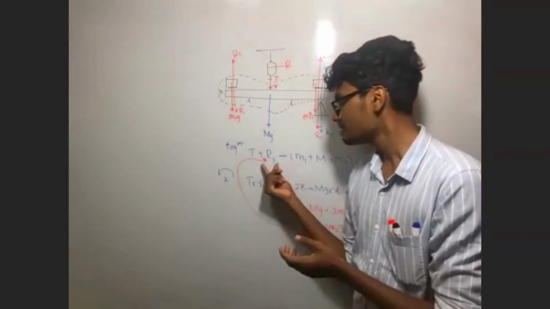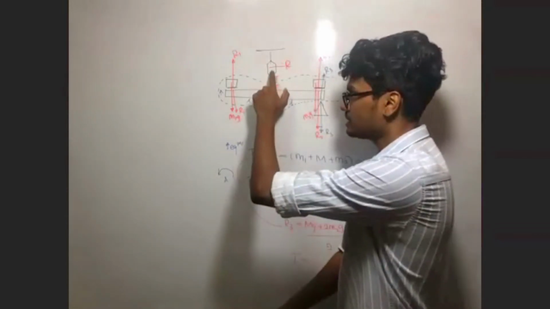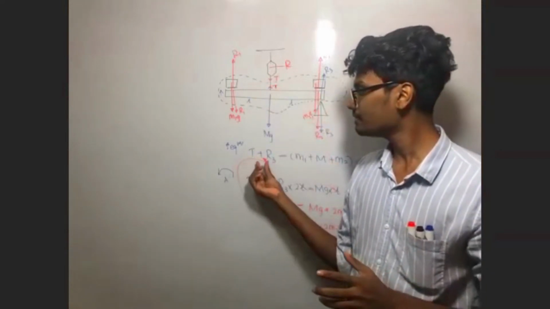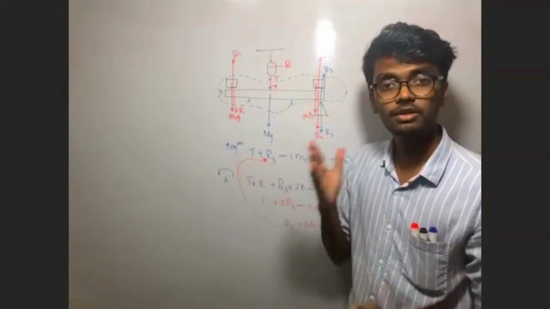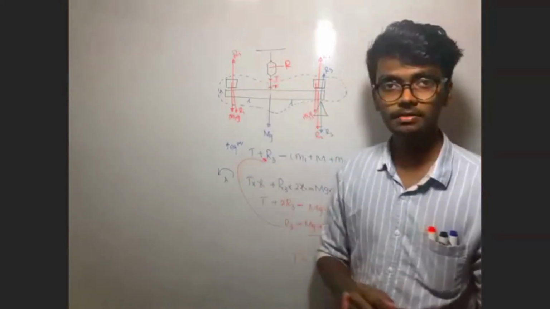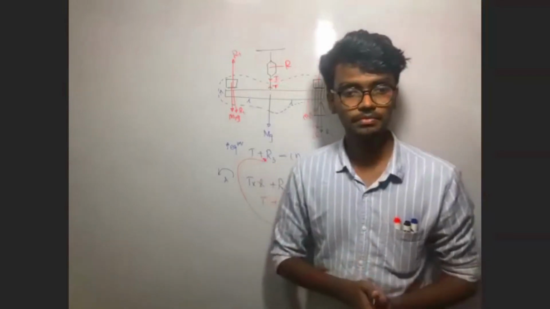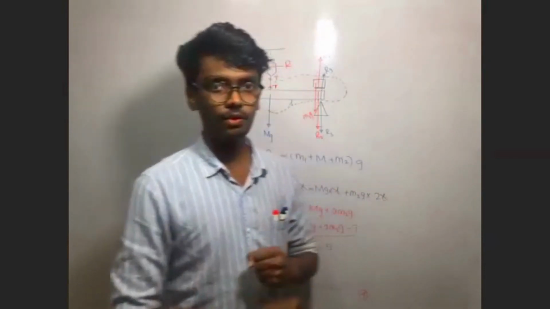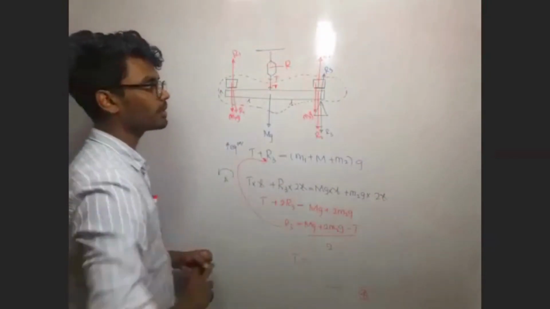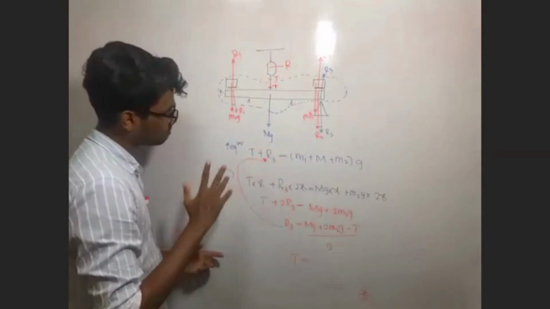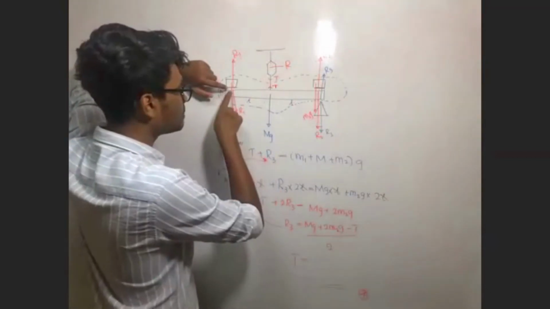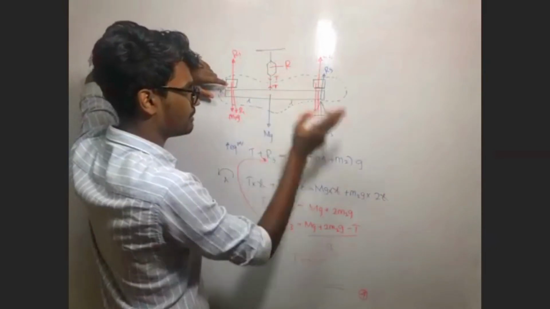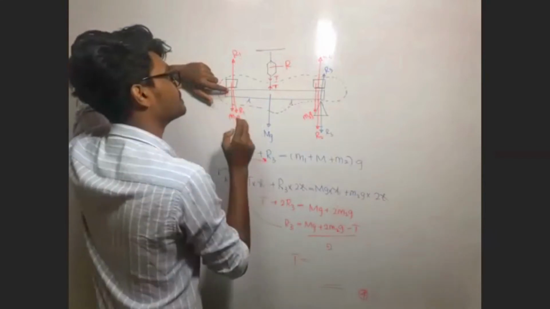But the thing is, this R3, if they are asking the mass shown in this scale, it is more than enough if we find the tension. But to find the tension acting directly below it, we need to find R3. But how are we going to find R3? We will have to go for a moment. What I did was I applied the moment around this point. You can apply the moment here also, it's fine, but I thought of applying it here.